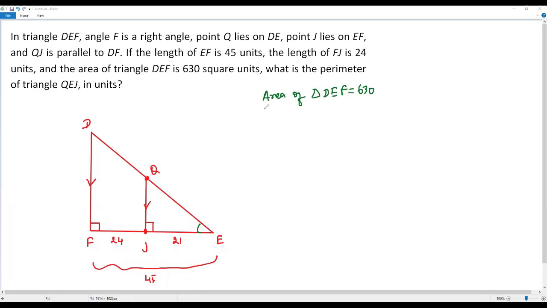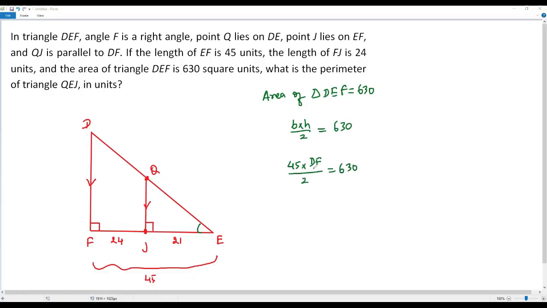And we have the formula for the area of a triangle, that is base times height divided by 2 equals 630. Okay, in this triangle DEF, we can consider this one as base and this one as height. So the base of the triangle is 45. We can plug in 45 for b over here. And I do not know the height, that is the length of the line segment DF over here. For height, we can plug in DF. Let me write it over here. Divided by 2 equals 630.